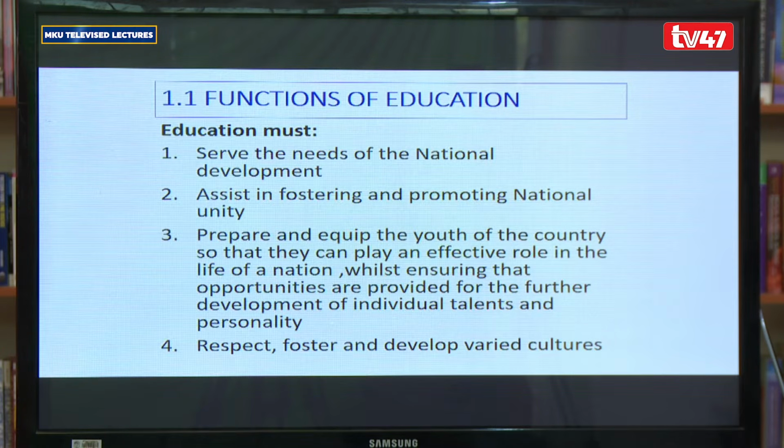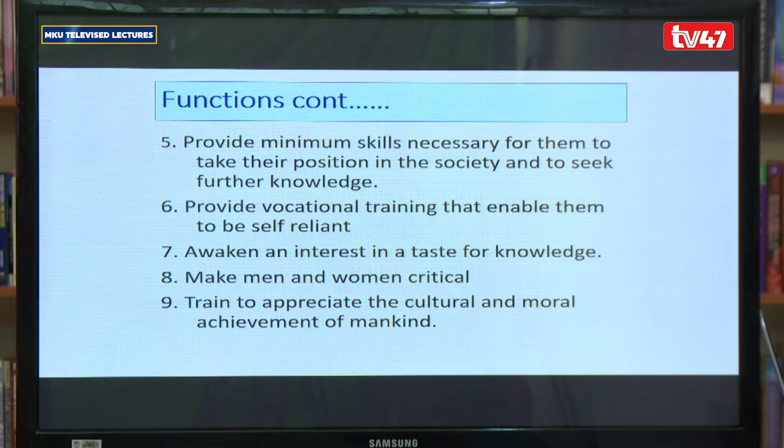Education also fosters respect and development of varied culture. Education provides minimum skills that are necessary for the individuals to position themselves in the society and to seek further knowledge. Education provides vocational training that enables the members to be self-reliant.